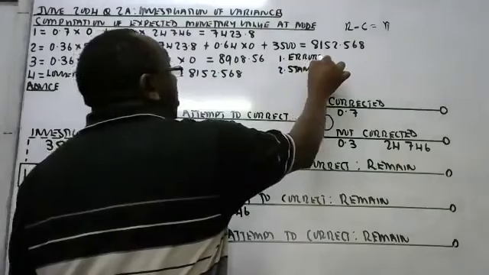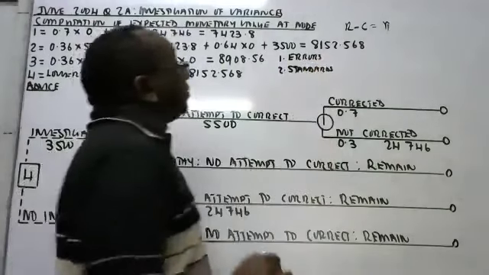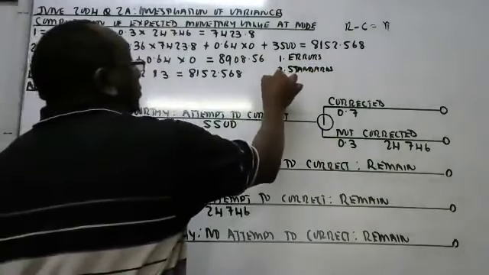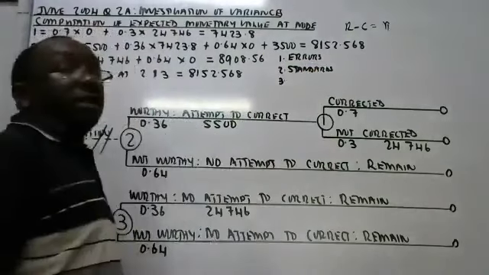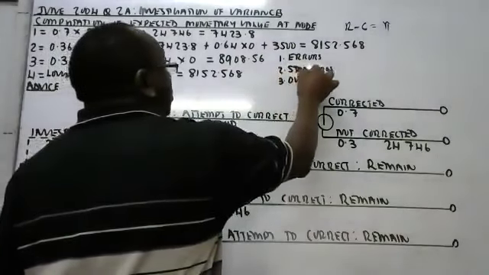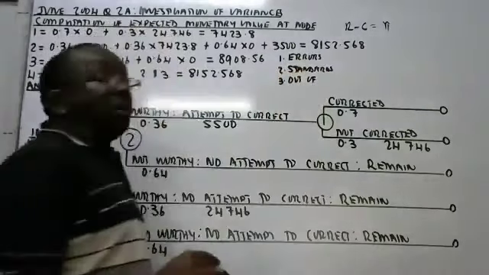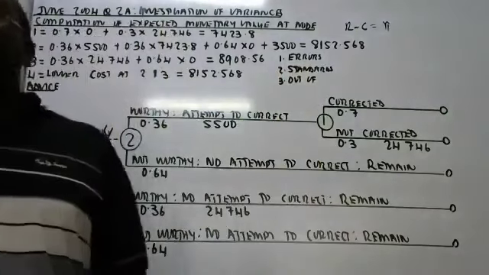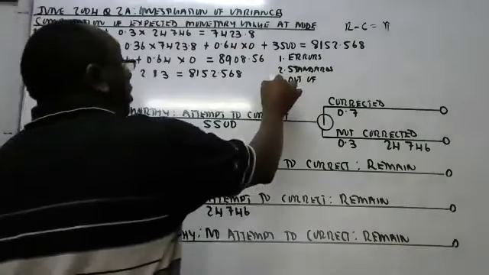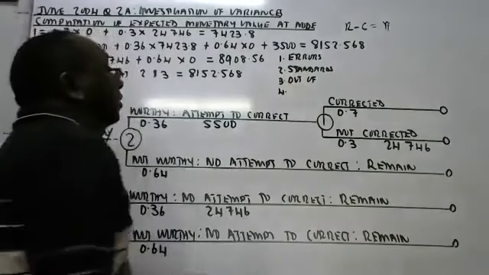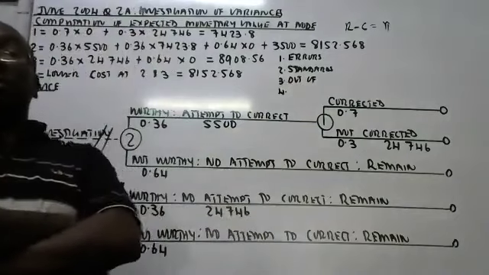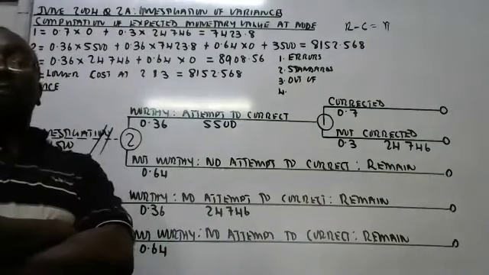Three, out of control operations. Number 4, random or uncontrollable factors.